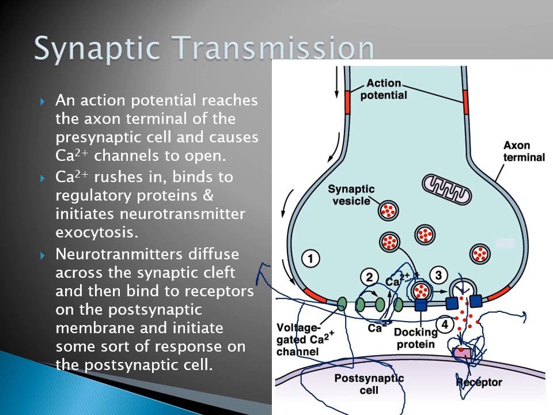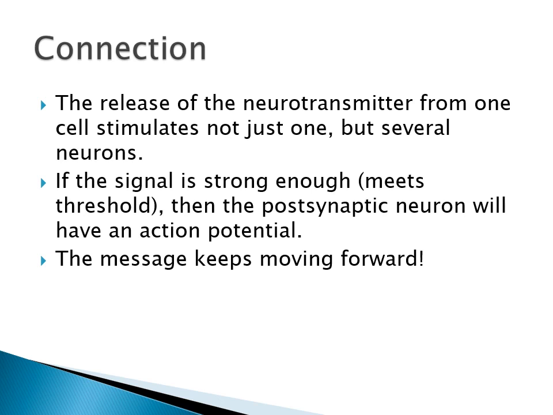So the one neurotransmitter being released by the one neuron can stimulate multiple different neurons. The release of the neurotransmitter from one cell is going to stimulate not just one, but several other neurons that all meet up in that similar synaptic cleft.